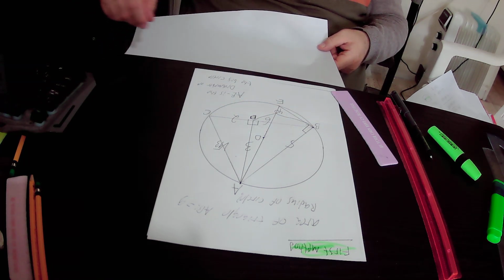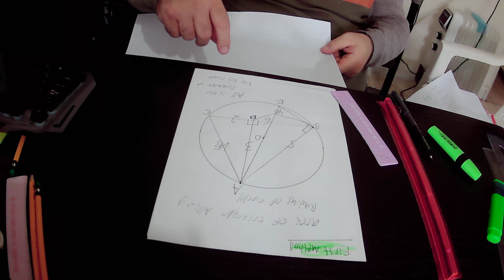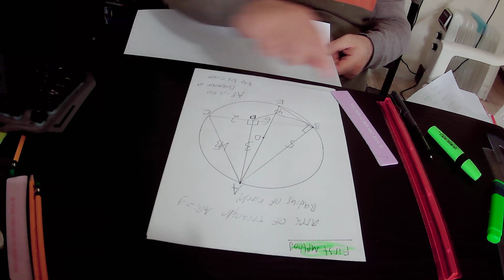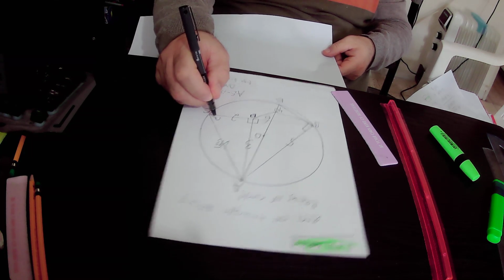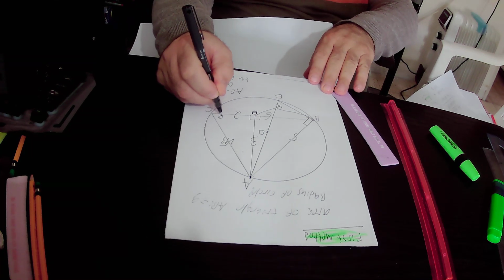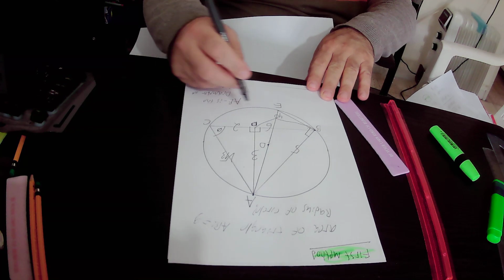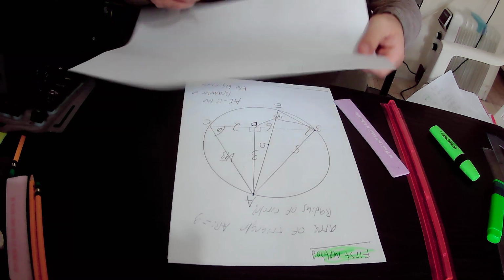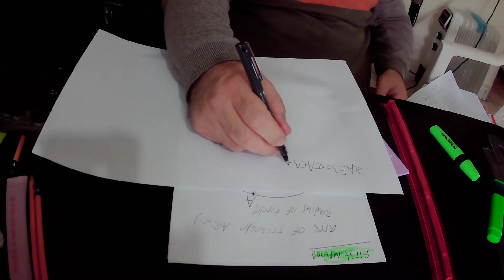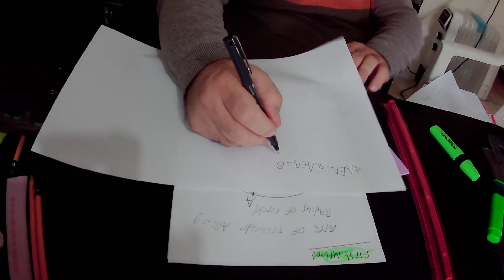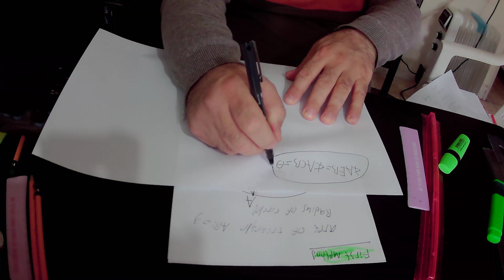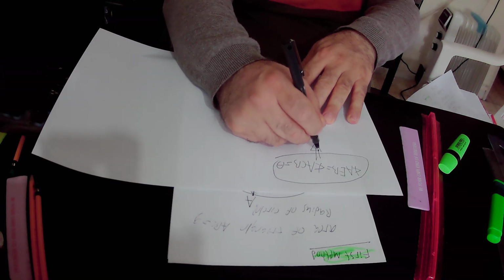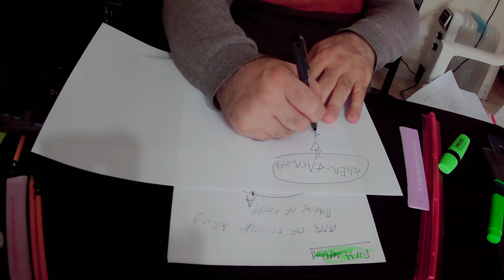So if we define angle ACB as theta, then from the equation theta equals angle ACB equals angle AEB, we derive that angle AEB is also equal to theta.